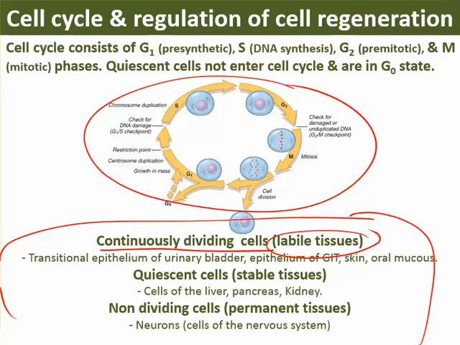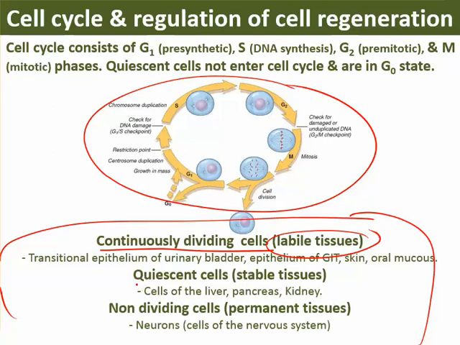For example, the cells of the skin, the cells of the GI tract, the cells of the oral mucosa are continuously dividing. So the tissue is called labile tissue. What is the type of change that happens? That is called renewal. In these tissues it is called renewal.